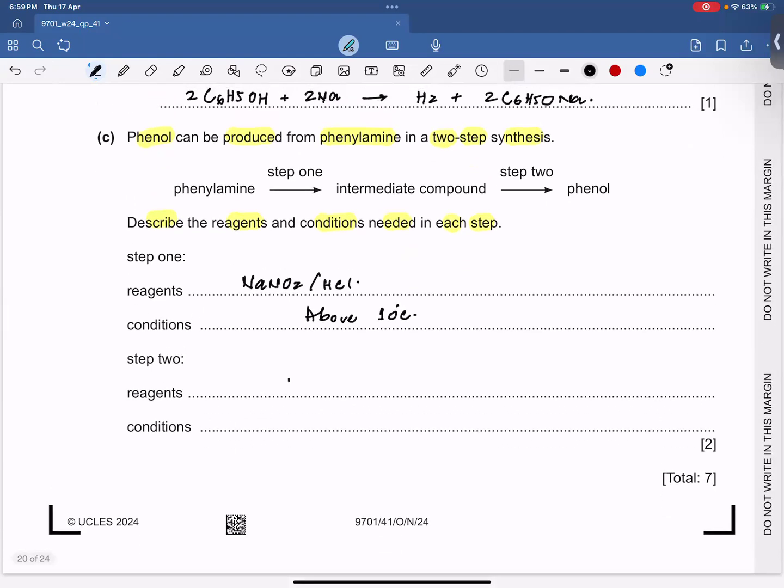In the second step, I'm going to use water, and the condition is heat. So what I'm saying is, when you add NaNO2 and HCl in the step 1 above 10 degrees Celsius, you will get diazonium. In other words, benzene diazonium भी कह सकते हो. When you add water under heat, so it will turn to phenol और nitrogen gas यहाँ से release हो जाती है. Okay, so that's the end of question number 8.